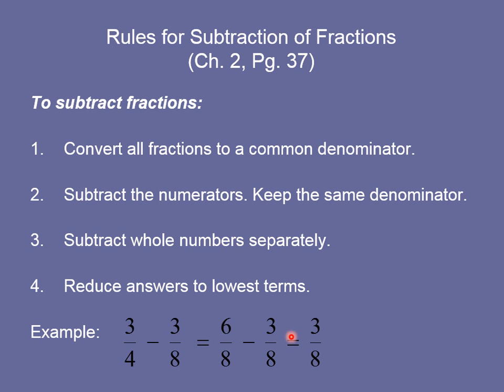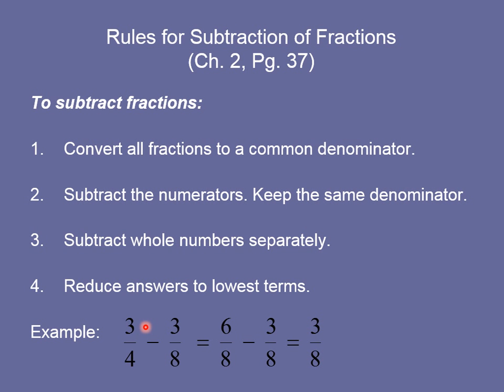Similar is for subtraction. If you want to do a subtraction, again you have to make the denominators the same. Remember, if the denominators are already the same, you just do the subtraction. If they are not the same, you have to make them the same. How do they become the same? For example here, you multiply 4 by 2. Remember, you cannot only multiply the denominator.